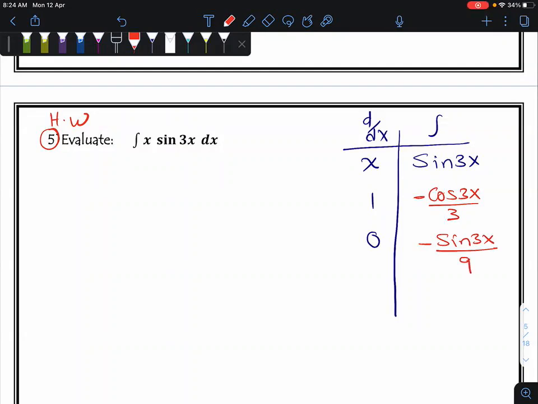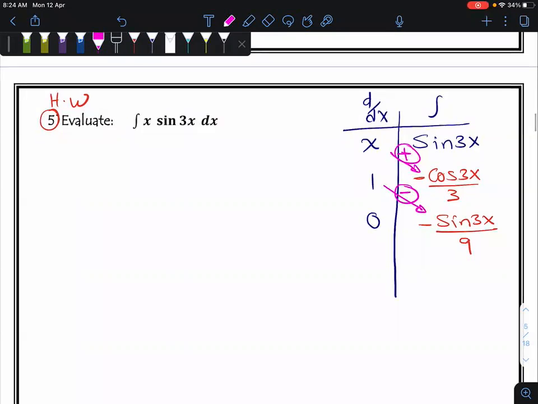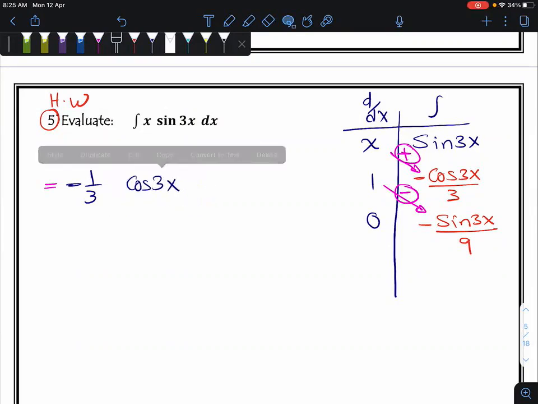Then draw your arrows like this, and use positive and then negative signs, and write your final answer. Please pay attention to the final answer. It equals x times negative third cosine 3x, so put the x here like this.